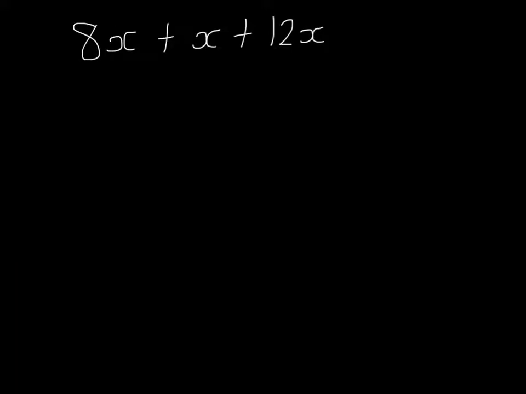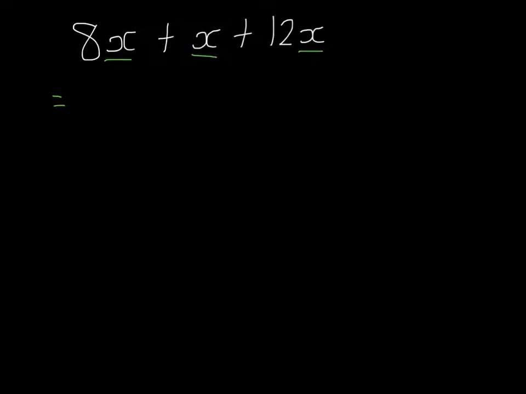Let's look at the first equation. First, we want to get all the like terms together. We can see that every term in this expression has x as a pronumeral, same base, there's no power, so therefore we can combine them all.